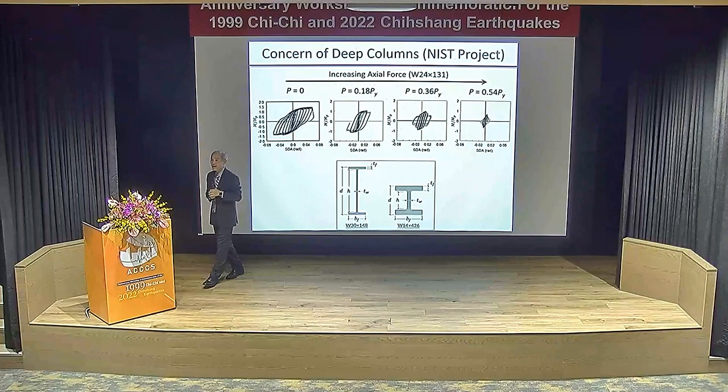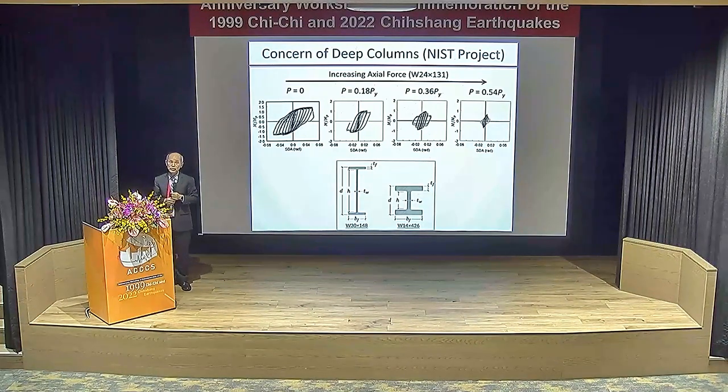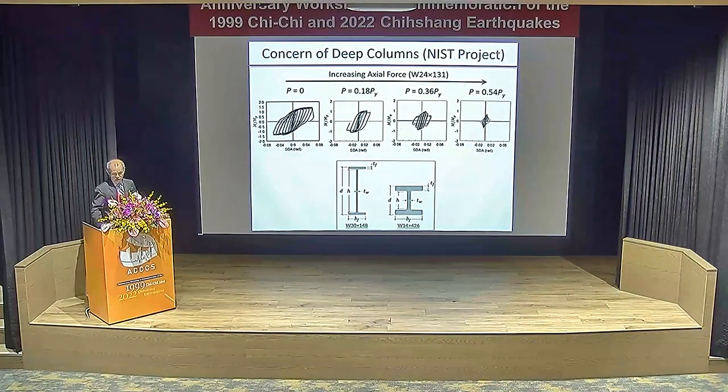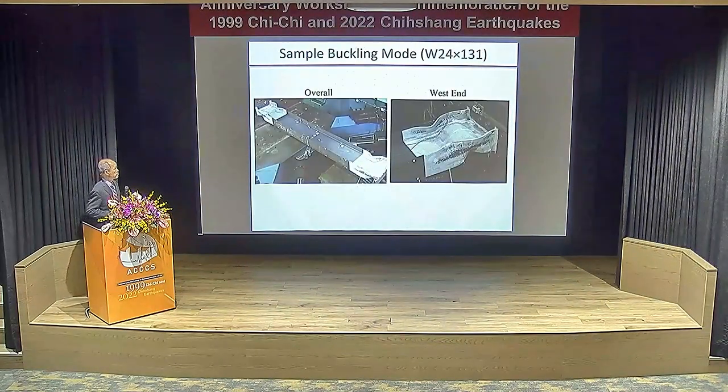You can see the effect is very significant if you use a deep column because of the local buckling problem. In design, we treat the flange and the web local buckling independently. In reality, they interact, especially for deep columns.